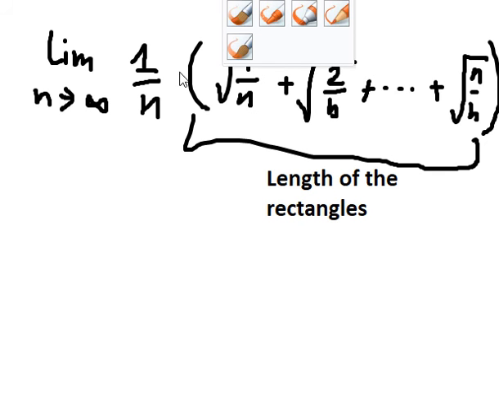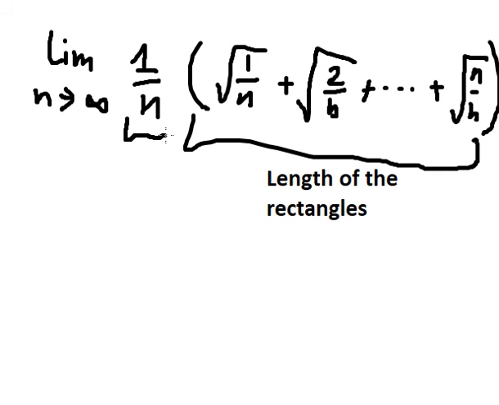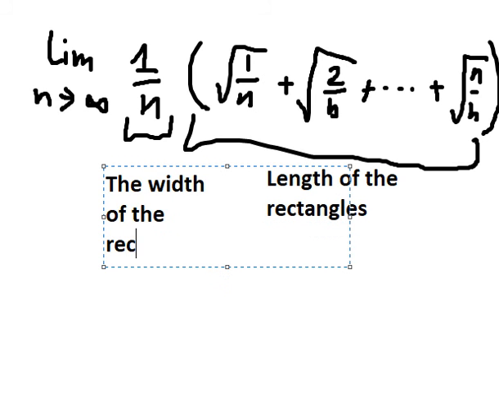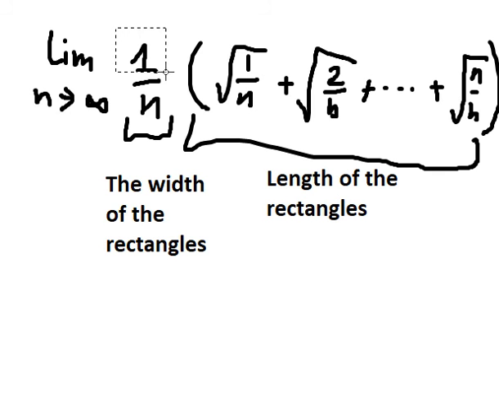This one, that is about the width of the rectangles. And we know that number 1, that is about 1 minus number 0.